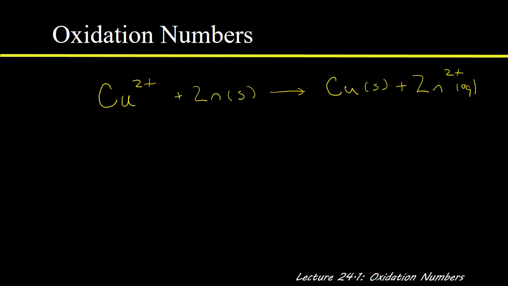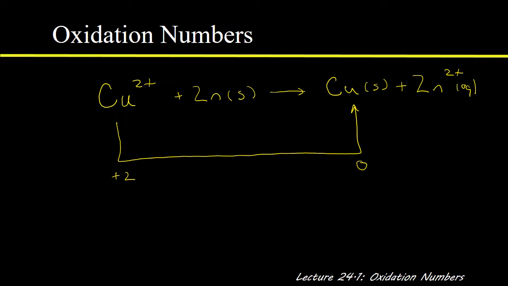And we can tell that electrons are being transferred because the copper over here on the left side has a charge of +2, and the copper over here has a charge of 0. So the charge on the copper is decreasing. It must be gaining electrons, right?